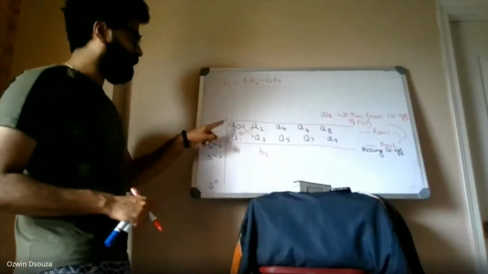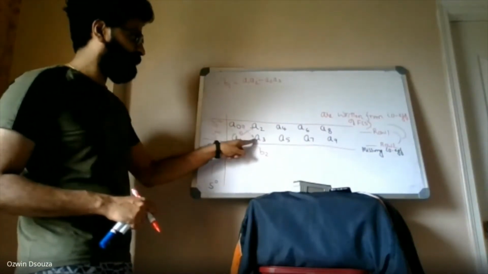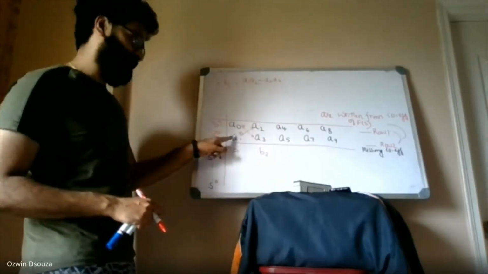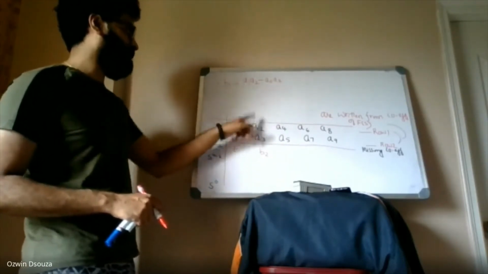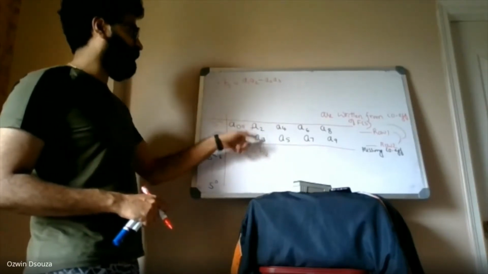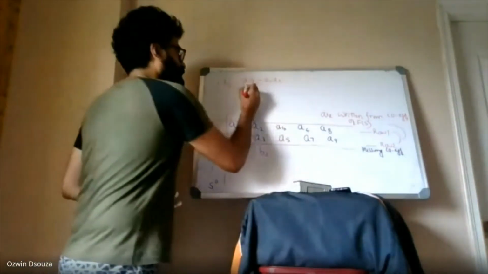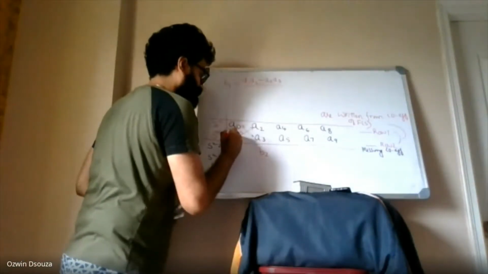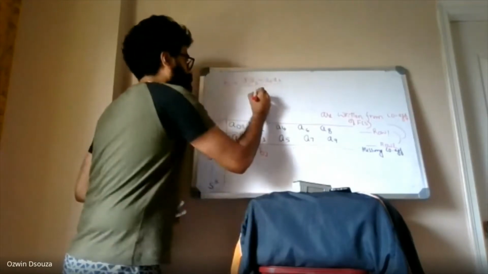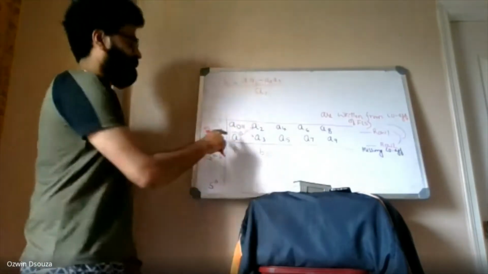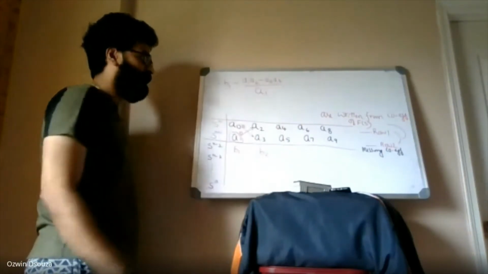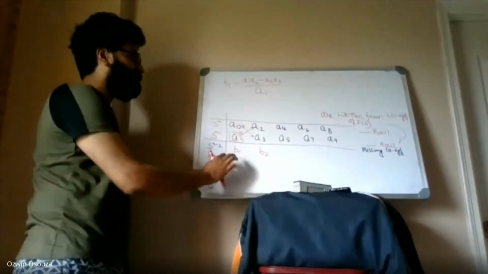B1 is found by cross multiplying A1 and A2, and then subtracting the product A0 into A3, divided by the first element, that is A1. So B1 is A1 A2 minus A0 A3 divided by A1. That's how element B1 is formed.